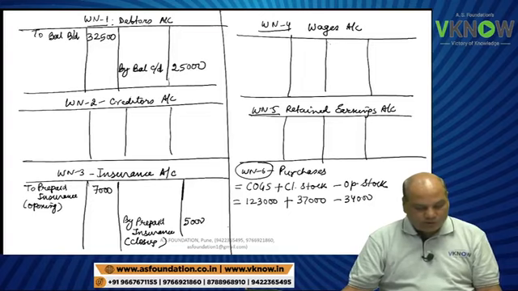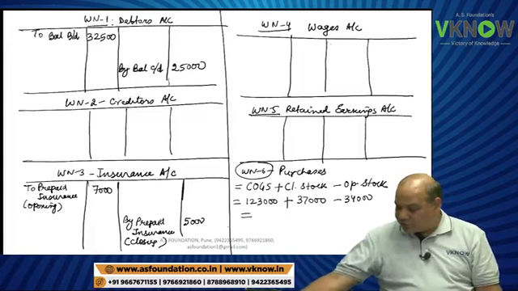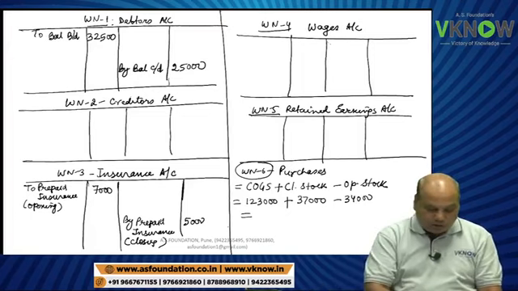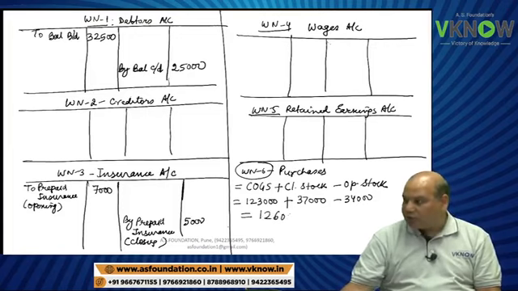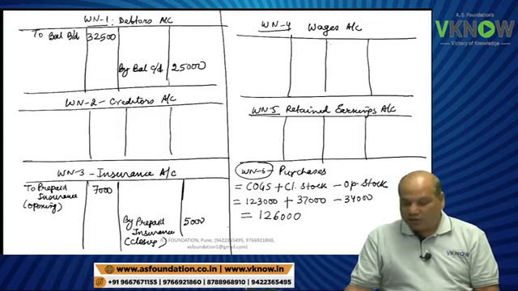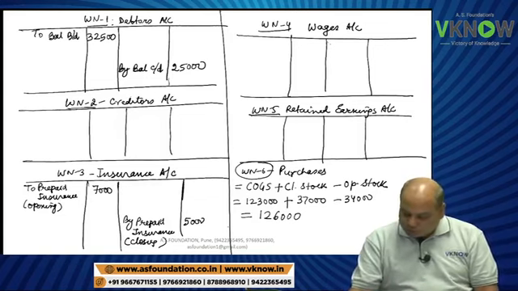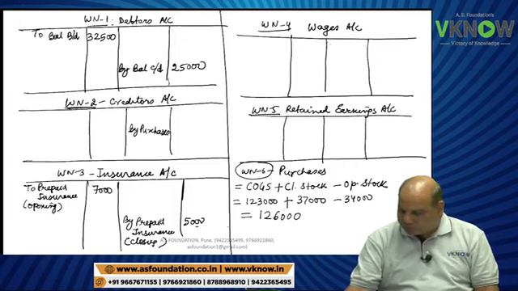So what is the purchases made? 1,23,000 plus 37,000 minus 34,000, so we are getting 1,26,000. Purchases 1,26,000. So please go to working note 2, second line, by purchases 1,26,000.